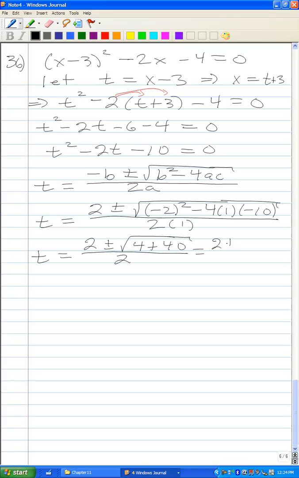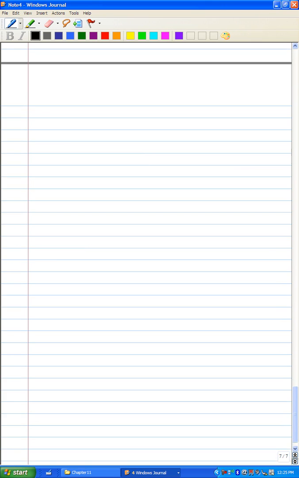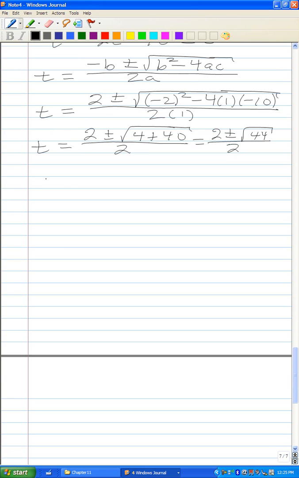So this is equal to 2 plus or minus the square root of 4 plus 40 is 44, divided by 2. Now I can rewrite 44 as a product of two factors, one of which is the largest perfect square factor of 44. And so let's write this as t is equal to 2 plus or minus the square root of 4 times 11 over 2.